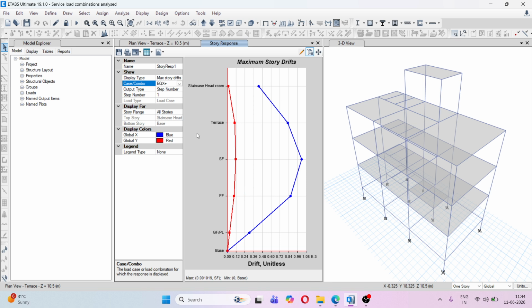Now here we will get Storey drift, and here you can see unitless drift, unitless because ETABS doesn't give you Storey drift. Actually it gives Storey drift ratio. So I will explain. So before that we will see what is the Storey drift at second floor.